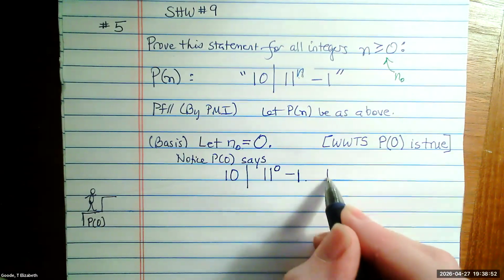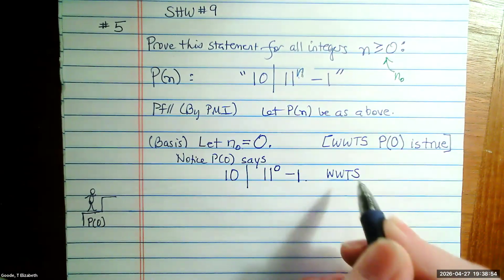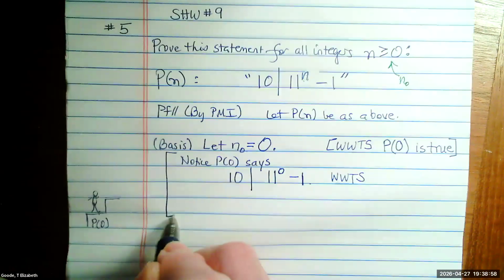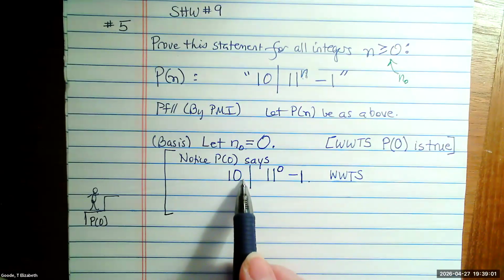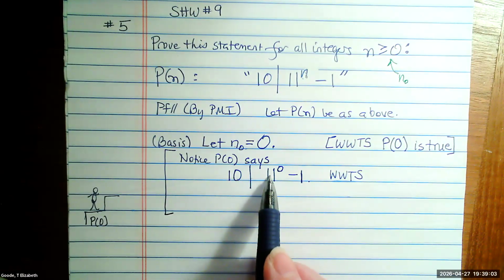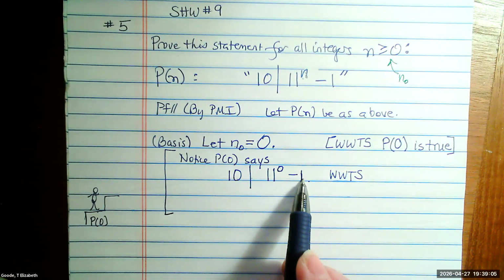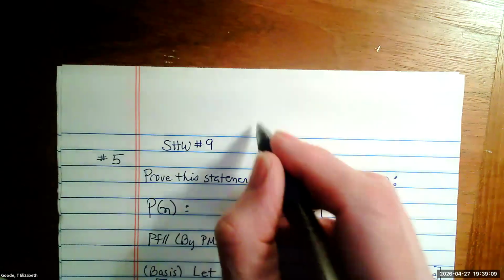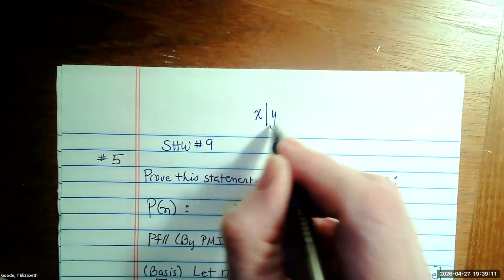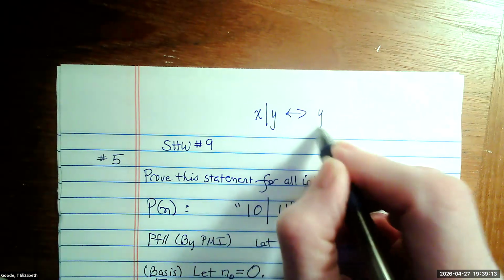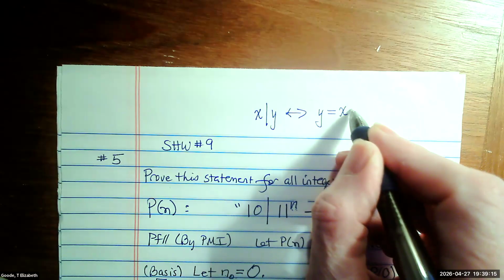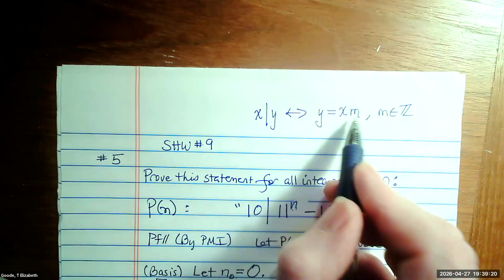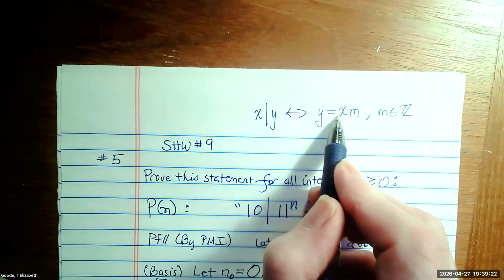So we wish to show, these can all be thinking notes. Well, what does it mean to say 10 divides 11 to the zero minus 1? What's the definition of divides? Let's recall. X divides y if and only if y is equal to x times some integer m. In other words, y is a multiple of x.